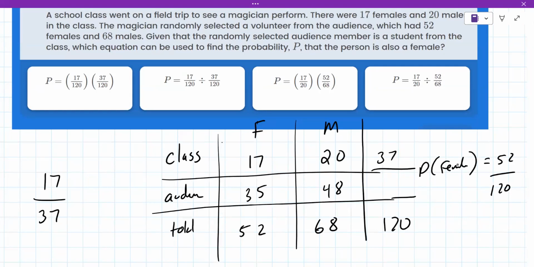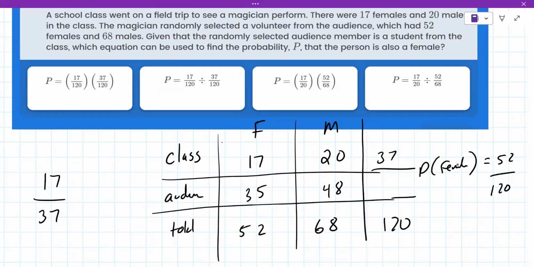We see 52 and 17 in like two of the problems. We see 17 in all of them, but if we're only talking about females, which is 52, we see it in only two.